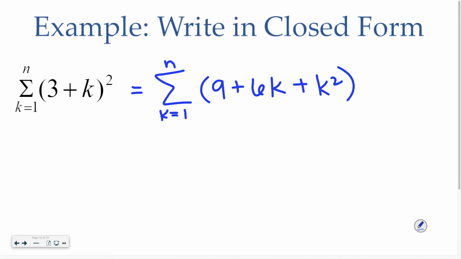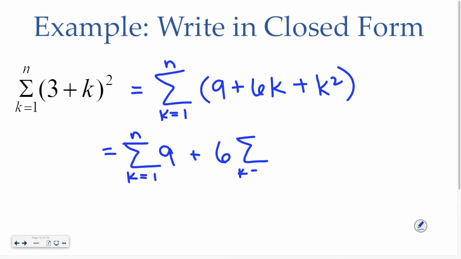So we have the summation from k equals 1 to n of 9, plus 6 times the summation from k equals 1 to n of k, plus the sum from k equals 1 to n of k squared. Notice how I separated into each of the 3 different summations for each term. And since I had a coefficient right here, I moved it out to the outside.